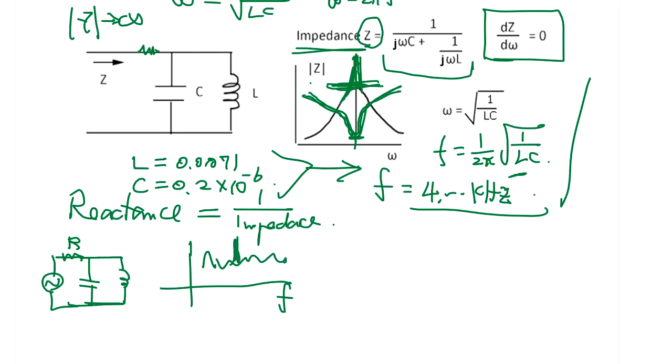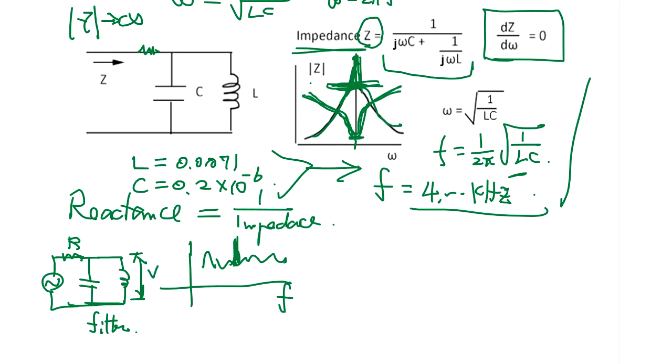It works as a filter, because what happens is the voltage here, because of this, the voltage is going to have a maximum voltage. That means it has a minimum voltage here.